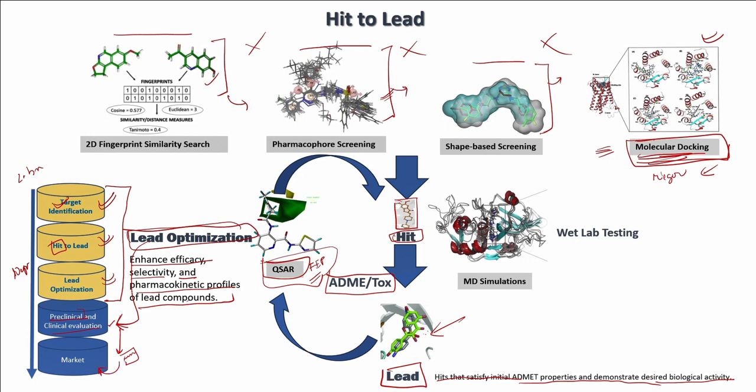So these are the experimental methods for target identification. In the case of computational methods, these are some of the methods. For hit identification, these are the experimental methods, and these are the computational, as well as for lead optimization. These are some of the methods.